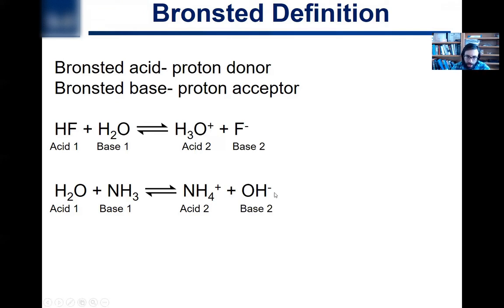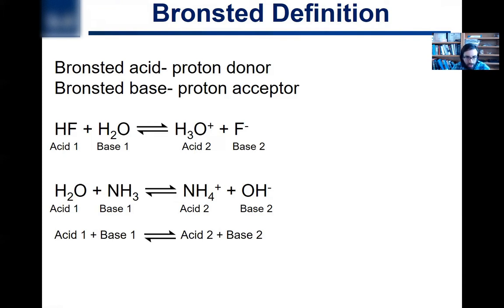Also hydroxide was formed, which is a base. Why is ammonium an acid? We can do the reaction in reverse. It can donate a proton to hydroxide and in the process make water. And why is hydroxide a base? Because it accepted a proton from ammonium. So this is the way to track whether or not you have a Bronsted acid or a base.